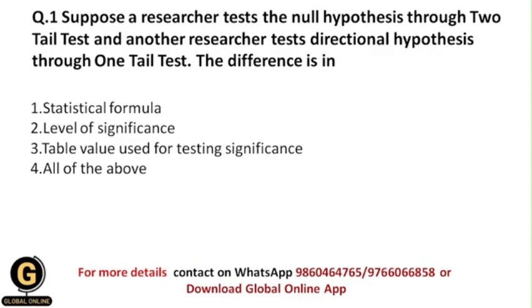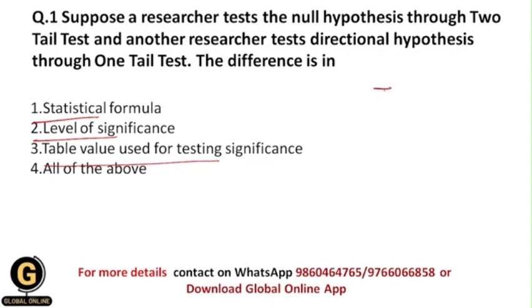And that's why there are lots of differences in the testing part of the two-tailed test and one-tailed test, and those are differences in statistical formula, because these are two different tests, and that's why we need to use different statistical formula. Again, the level of significance is different, and as well the table value that we use for testing significance is different. So basically all of us know what the table value is.